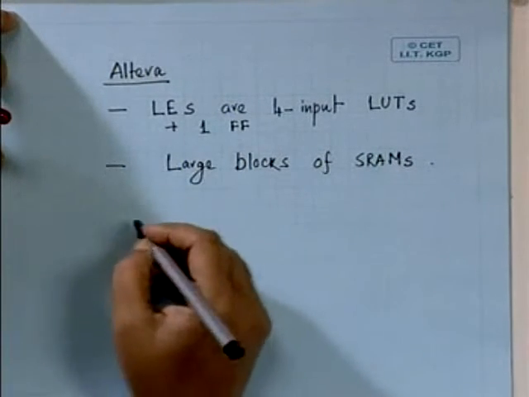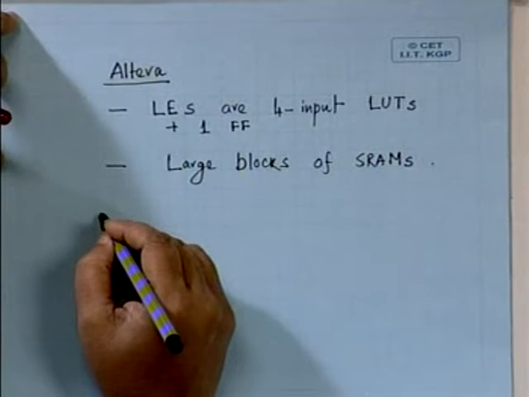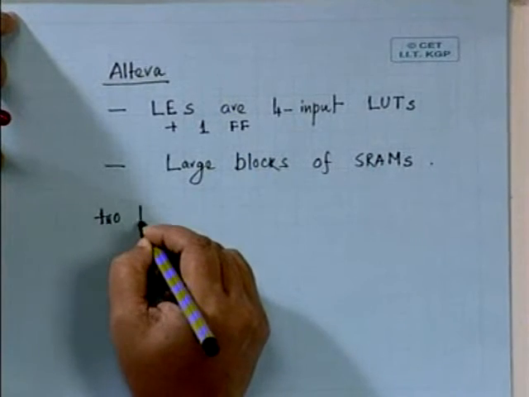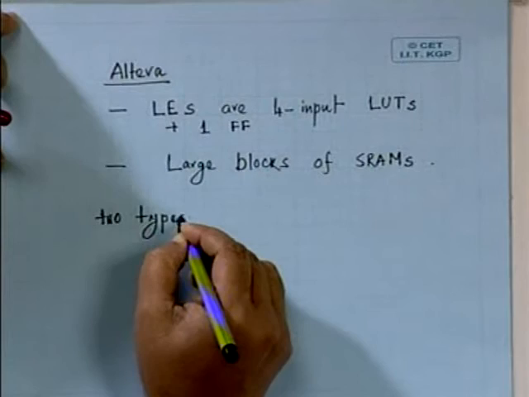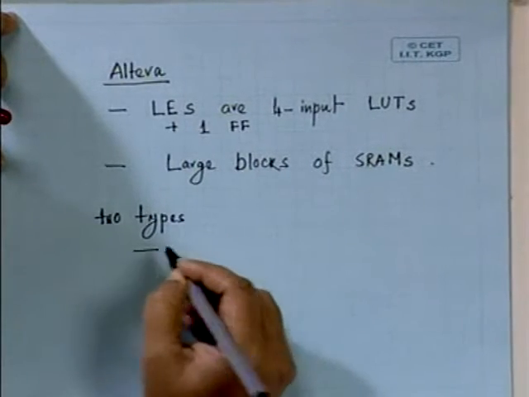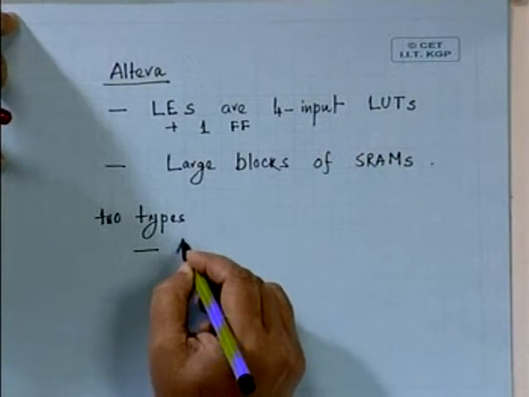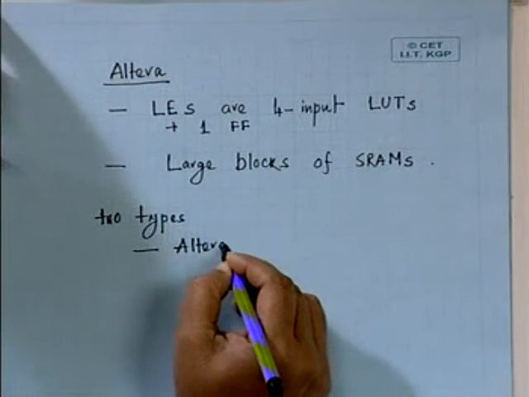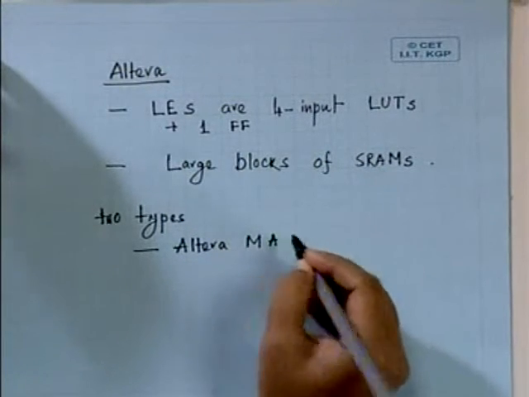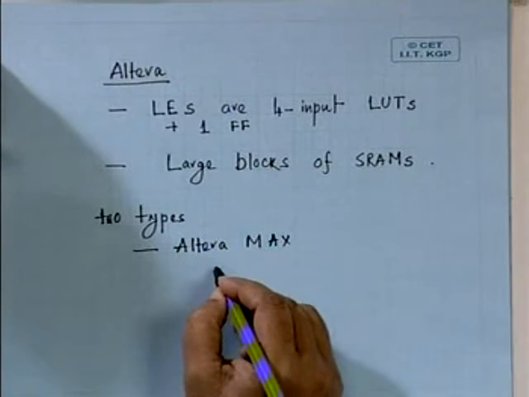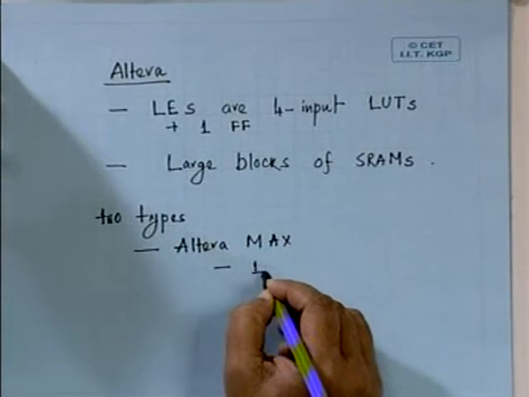Now, there are two varieties, two types. One is Altera Max. This is mainly EEPROM based.